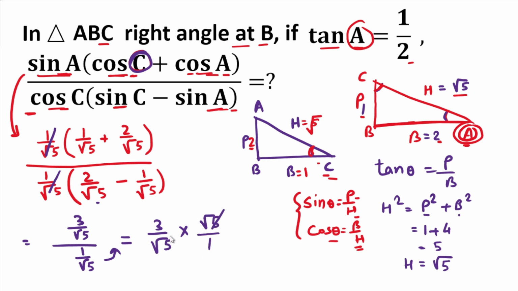Square root 5 in the numerator and denominator cancels, so the answer to this question is 3.